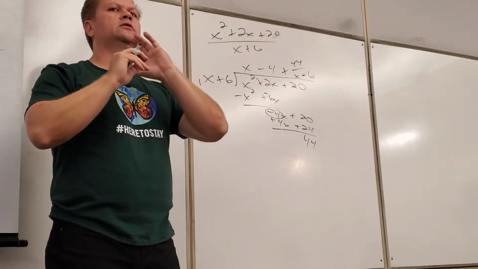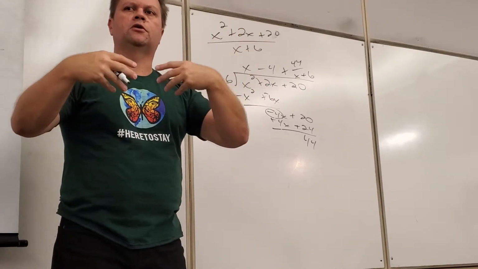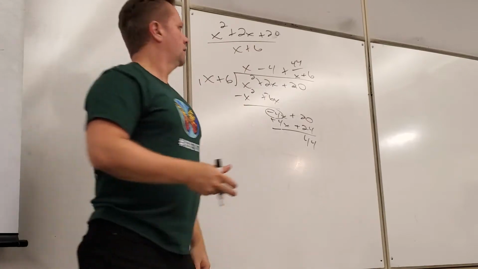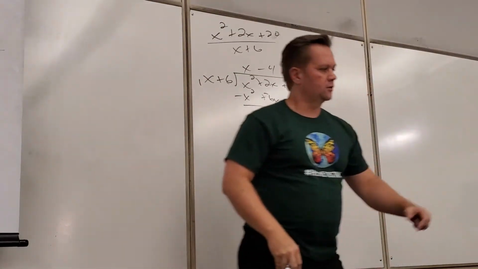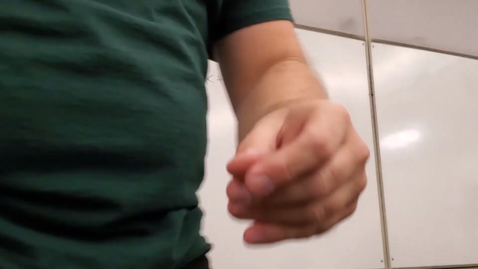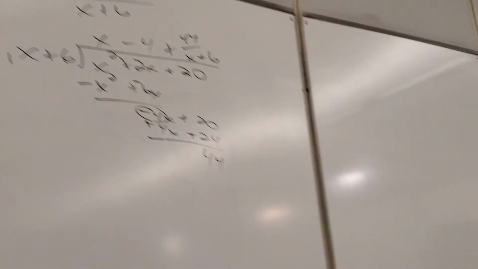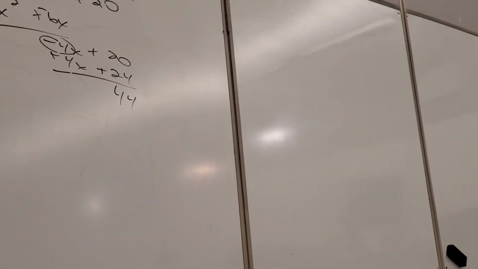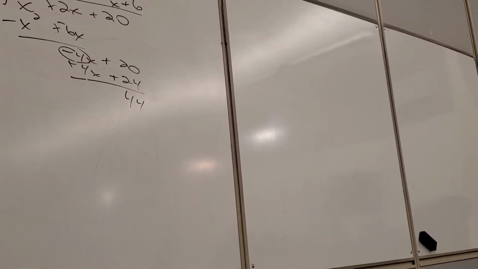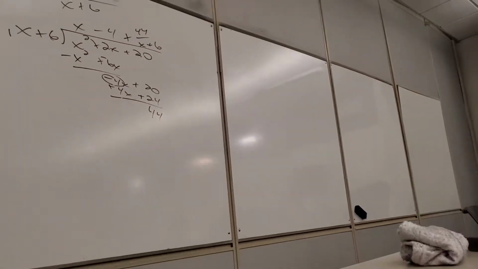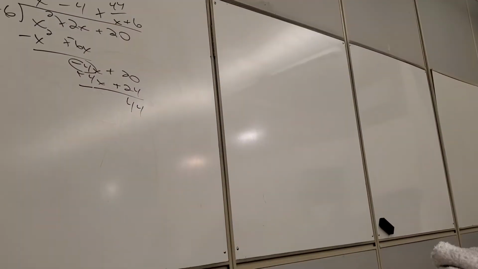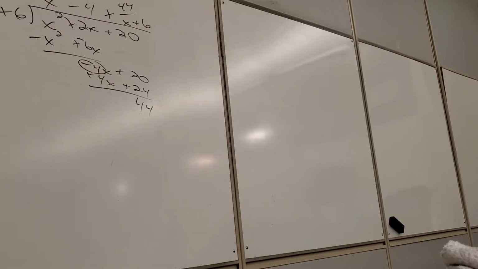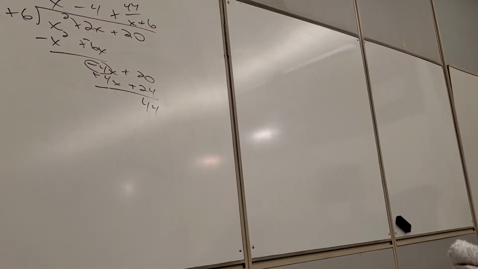I told you it was called synthetic division, so it's going to look like this. I don't watch hockey, but I borrow a little something from it. I call it the penalty box. So let's see what I'm talking about.